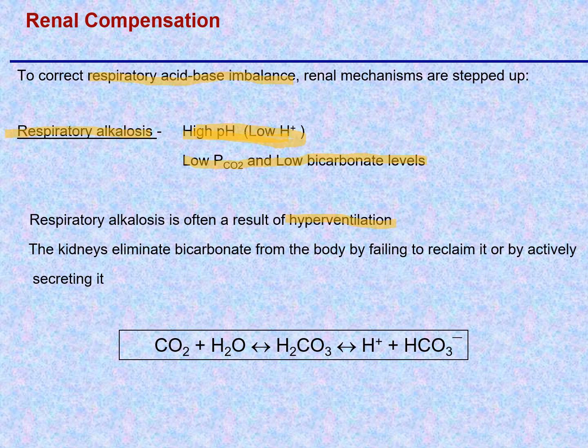If this is hyperventilation over a long period of time, the kidneys start to eliminate bicarb from the body. They won't reabsorb or reclaim it, or they'll secrete it. So more bicarb will be going out, and that will compensate for the abnormally high pH of alkalosis. That means a loss of bicarb and correction of pH in that way.